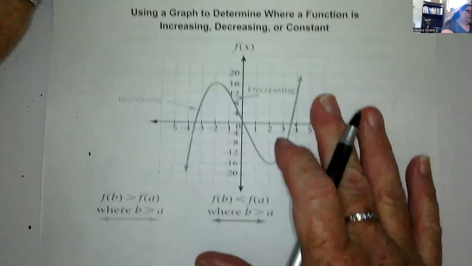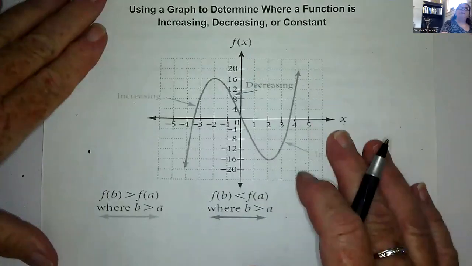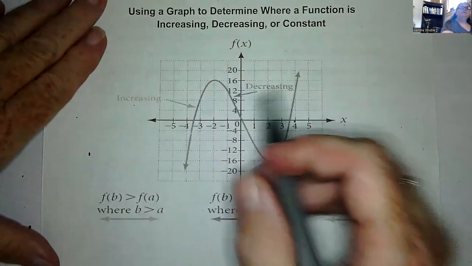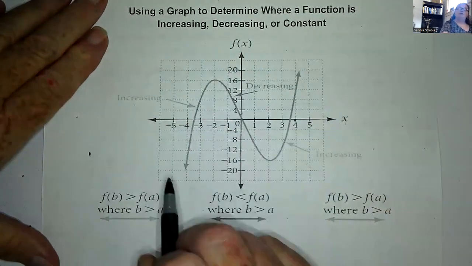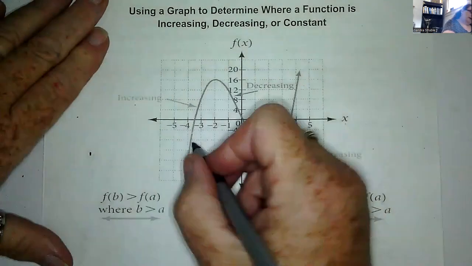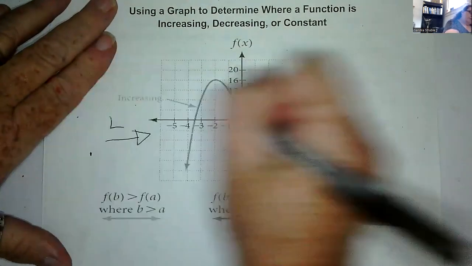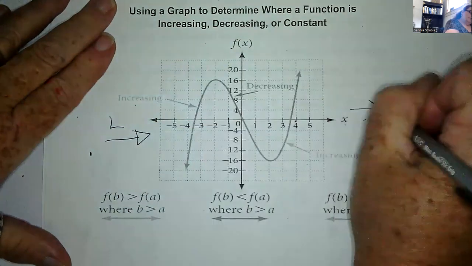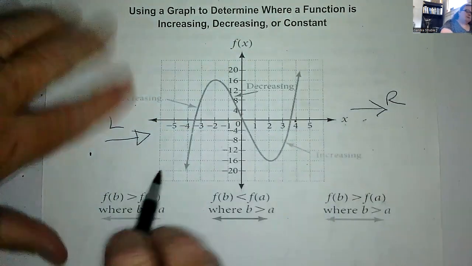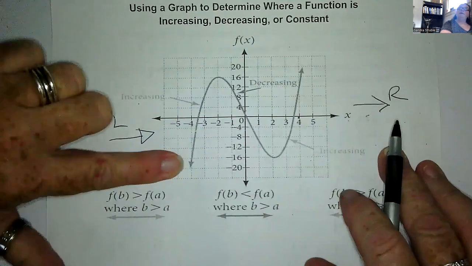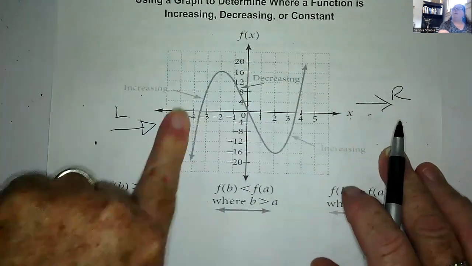All right, moving on. Use the graph to determine where a function is increasing, decreasing, or constant. So if you think about this as a roller coaster, which is how I explained it in class, and you're reading, like we read everything else, we're reading it from left to right, right? So left to right, as we're coming along, if you were to hit this on a roller coaster, you're going up, okay?